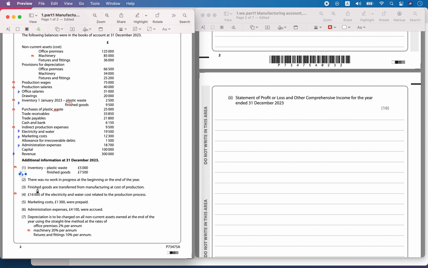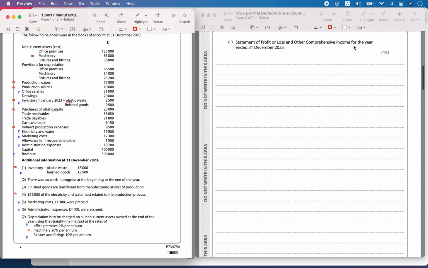And administration expenses were also accrued, so we will have to adjust that. As well, the depreciation of the office premises and fixtures and fittings, these two are going to come.